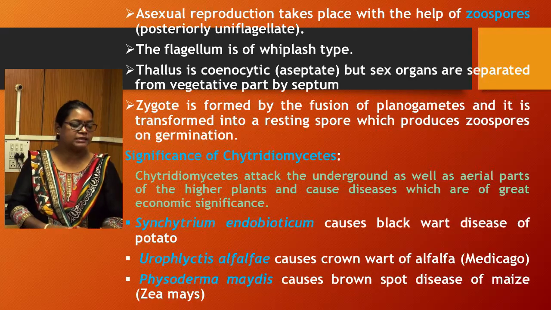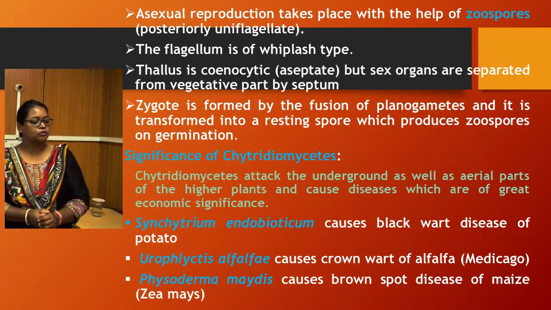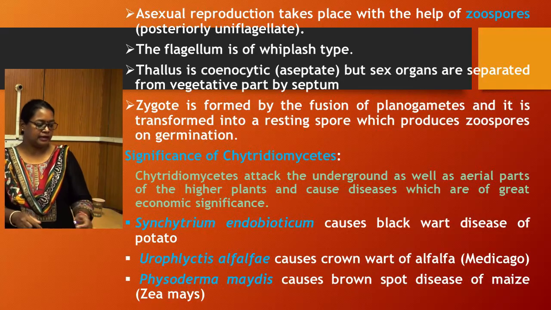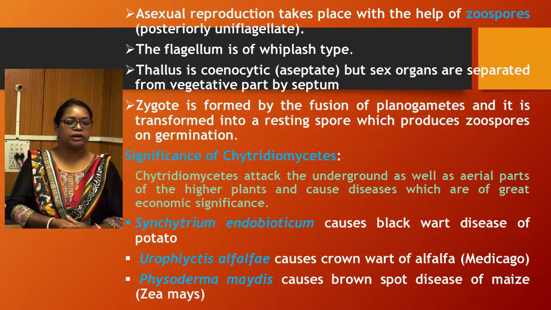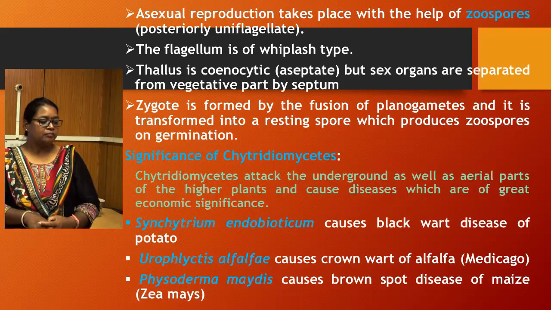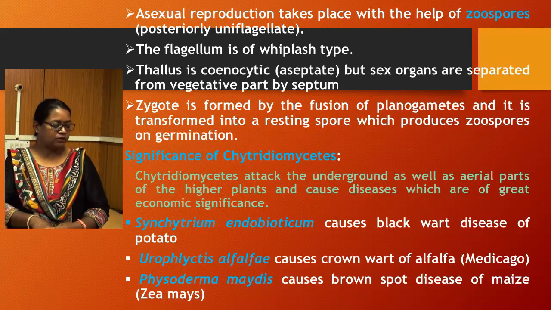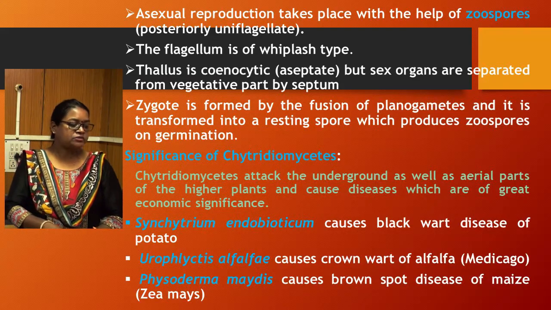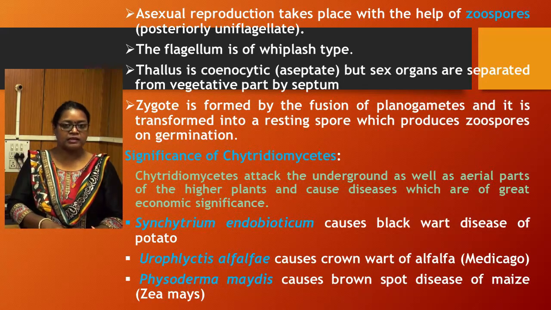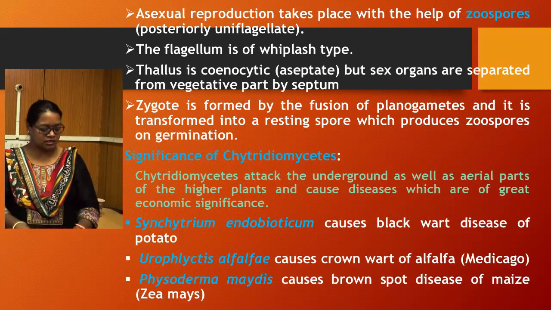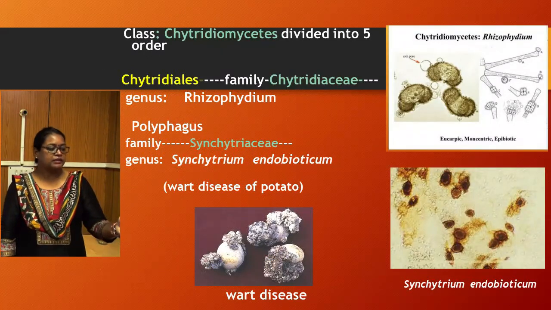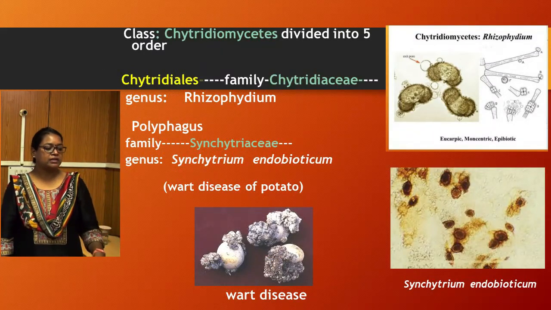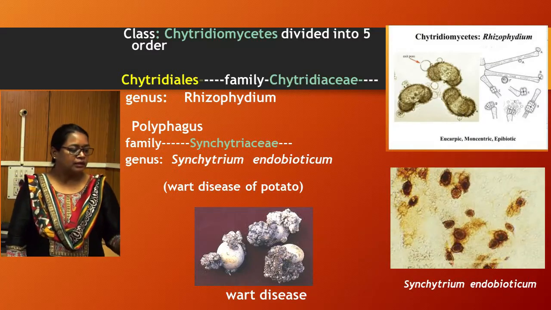Some important diseases caused by the class Chytridiomycetes: Synchytrium endobioticum causes wart disease of potato. Physoderma maydis is another important pathogen, which causes brown spot disease of maize. The class Chytridiomycetes is again divided into five orders.